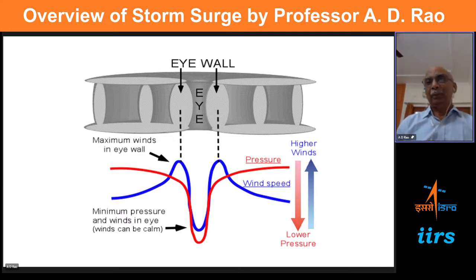If the pressure drop is more, the winds associated with the cyclone are also very strong. These two are related. So intensity of the cyclone can be determined by either pressure drop or the winds associated with that cyclone. This is the way you can categorize any cyclone.